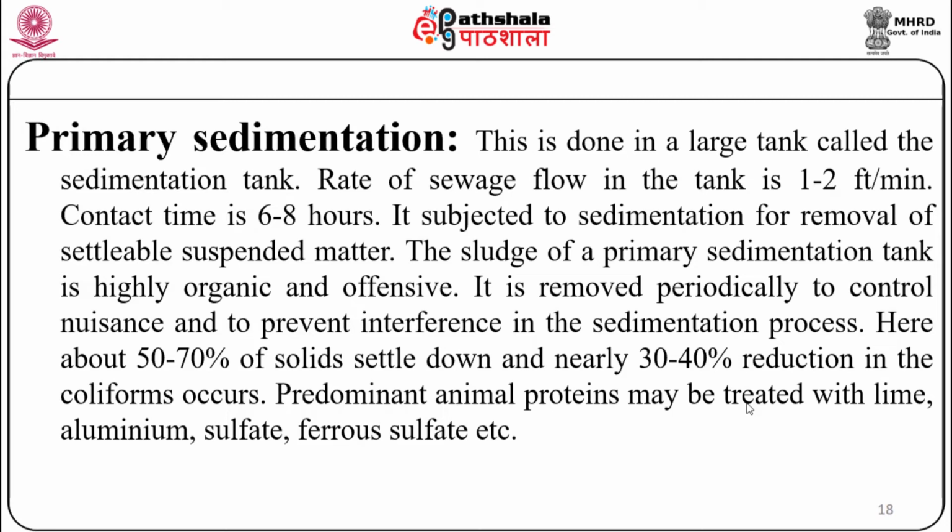Contact time is around 6 to 8 hours. It is subjected to sedimentation or removal of sedimented matter. The sludge of a primary treatment tank is highly organic and offensive. It is removed periodically to control nuisance and to prevent interference in the sedimentation process.